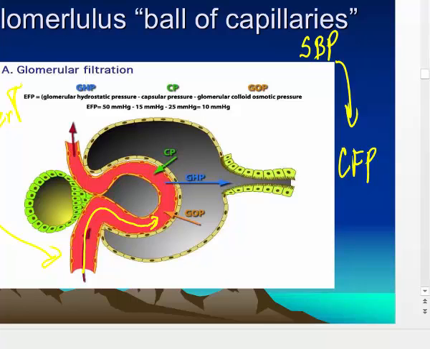As you recall, it is going to tend to force water and the stuff that's in the plasma out of the glomerulus. And there is a little cap that surrounds the glomerulus of each nephron. This little cap is called the glomerular capsule.